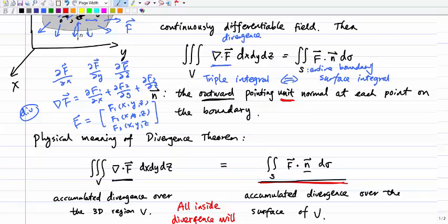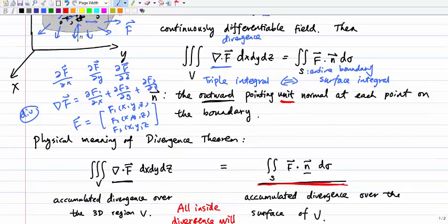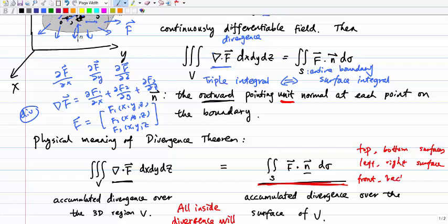So you can compute the 6 surfaces individually and then compute the sum of those. This can be really difficult and, in general, time consuming. Now if you use the divergence theorem, it can be a little bit easier.